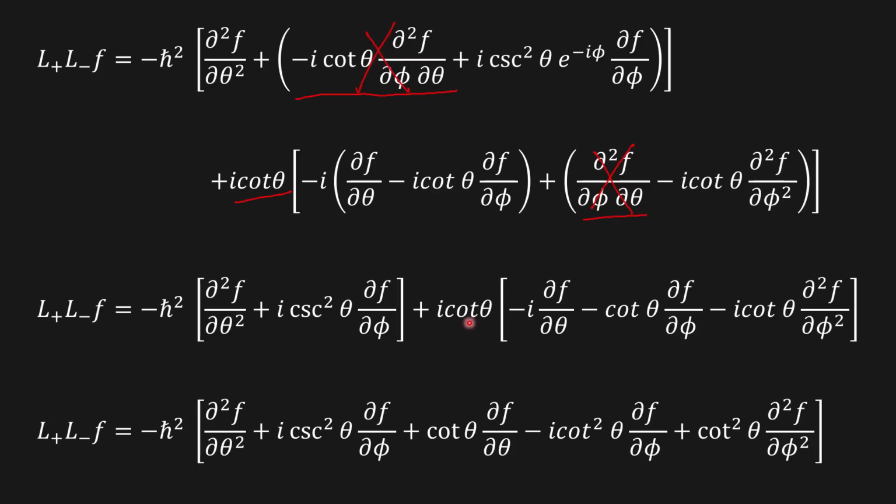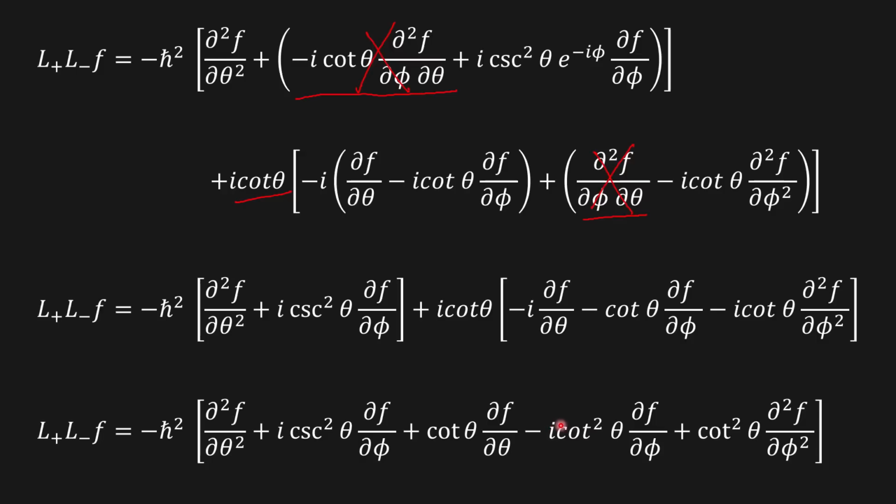So now you bring this cot theta inside. You keep the first two terms as they are. Then you multiply this. If you multiply the first term, you will get I into I squared minus 1, minus of minus will become plus. So the first term will become plus cos theta delta f over delta theta. What about the next one? There is already cot theta.